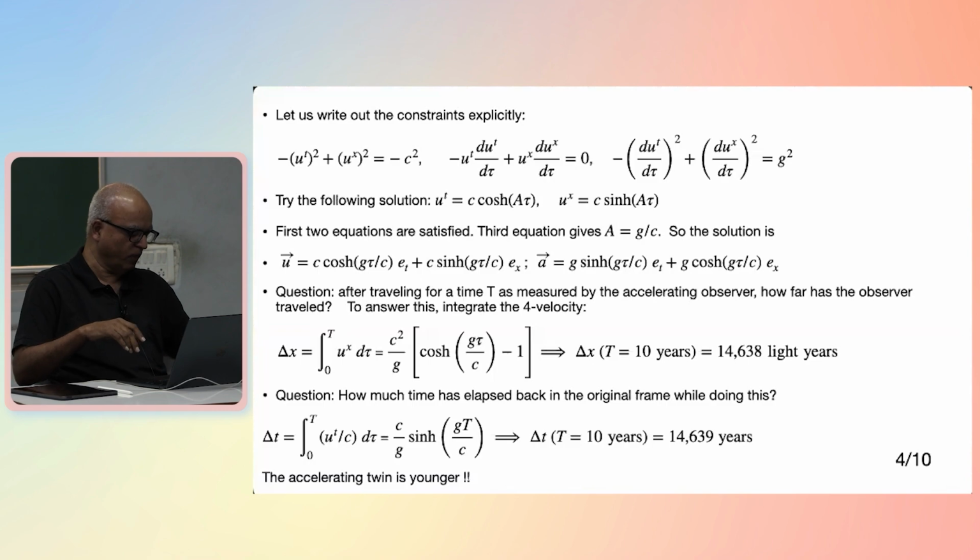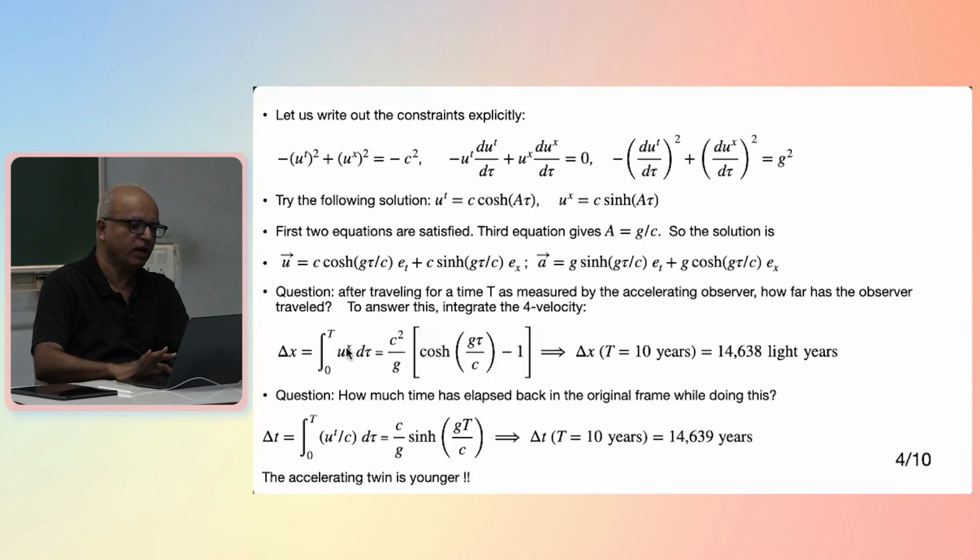I want to know, if some time capital T passes in the accelerating observer's frame, in that much time how far did they go? How to do that? Look at ux. Ux is dx by d tau. So, dx is ux d tau, integral from, so this is the distance travelled in a time capital T. Are you okay with this?